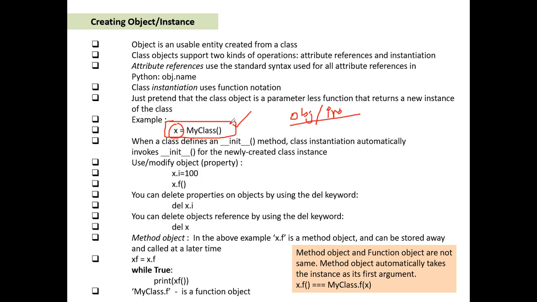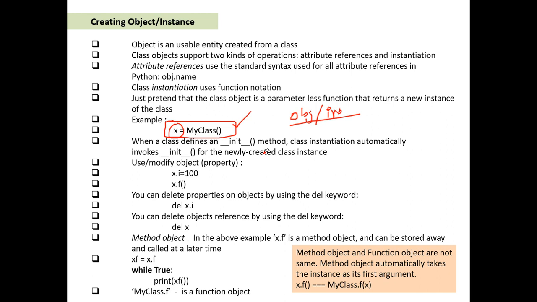Creating objects in this way is called instantiation. If you are asked what is instantiation, you will reply that creating an object is called instantiation.